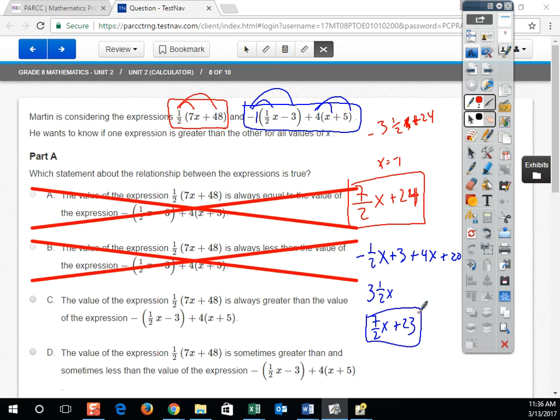Then over here, we would end up with negative 3.5 plus 23. So over here, we would get 20.5. Over here, we get 19.5. So in this case, even with the negative number, we end up with a value that is larger.